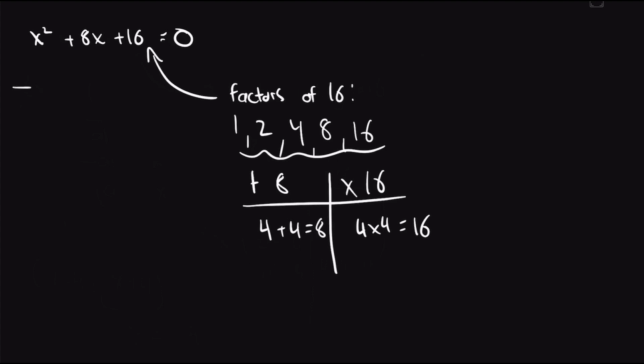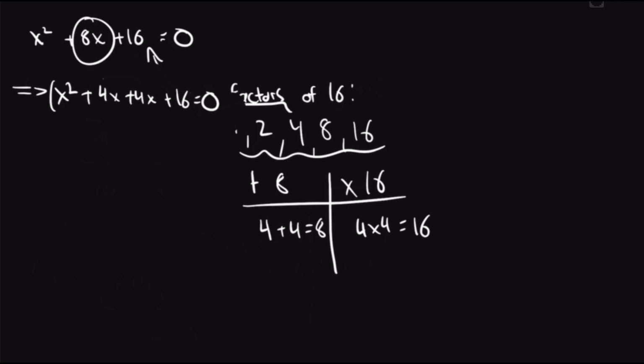So over here in our equation, what we could do is split up this middle term: x squared plus 4x plus 4x. Notice that we split them up based on the two numbers we chose. In our case, both of them were the same, which is why we split it up into 4 and 4, and then the plus 16 equal to 0.